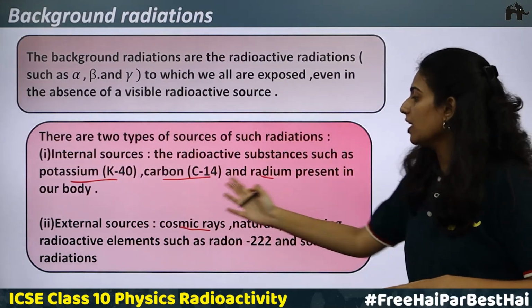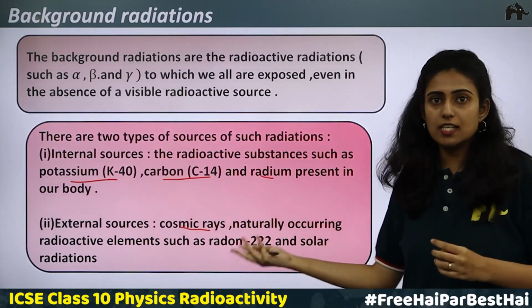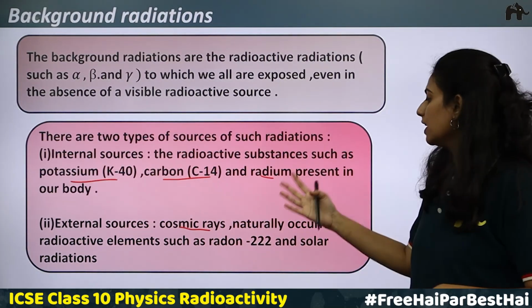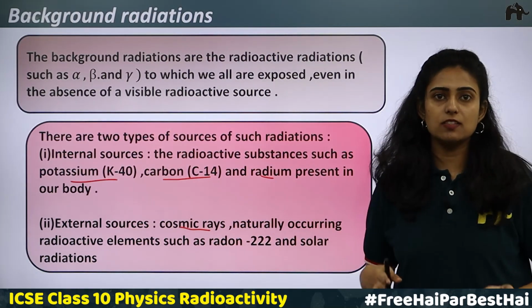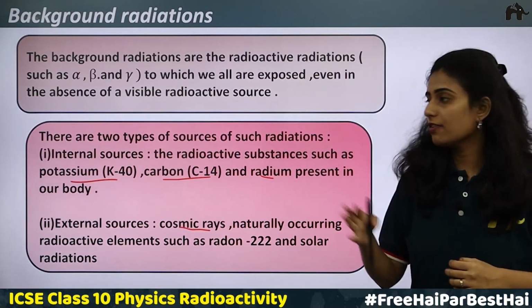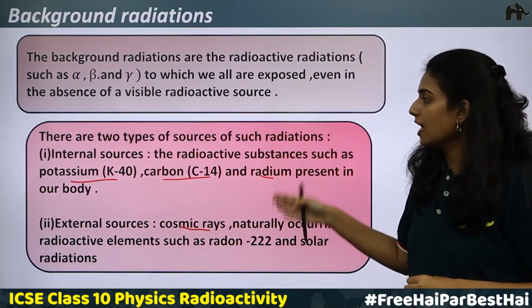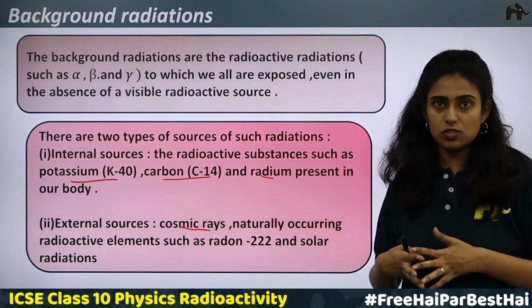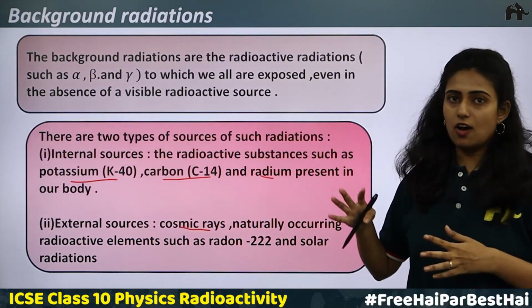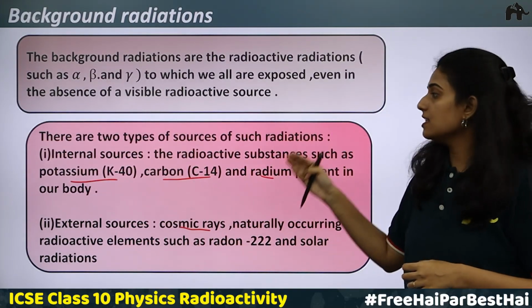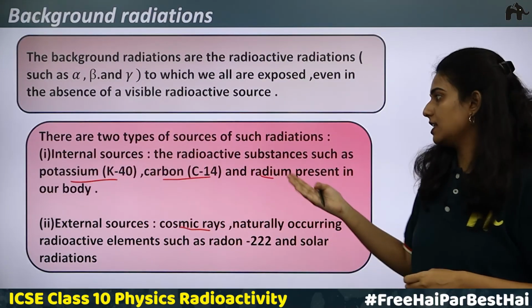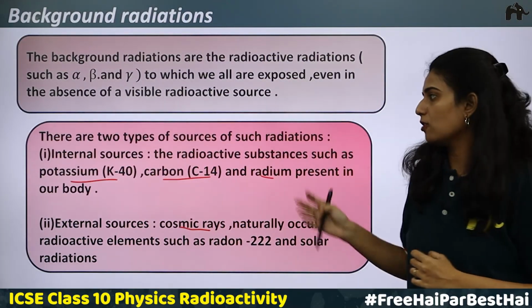Naturally occurring radioactive elements such as radon are an example. Radon-222 is a naturally occurring radioactive substance. And solar radiation: we are not able to prevent ourselves from these radiations. So we are exposed to these internal and external sources. Since the total of these radiations does not exceed a permissible range, we are safe. We don't have to worry about these background radiations.